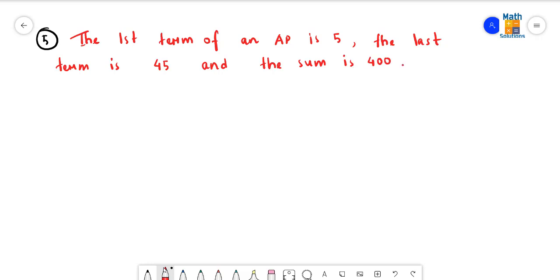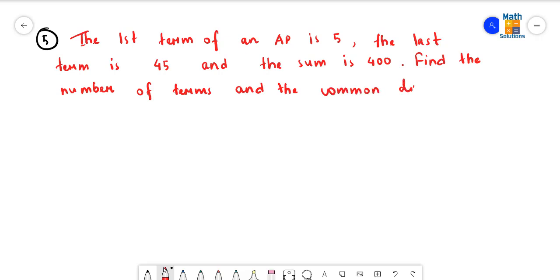Find the number of terms and the common difference.